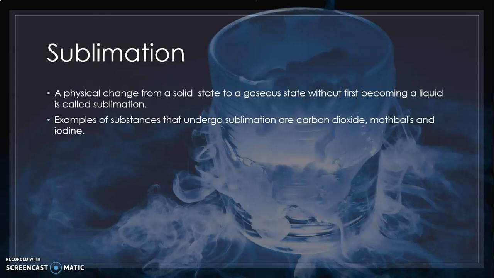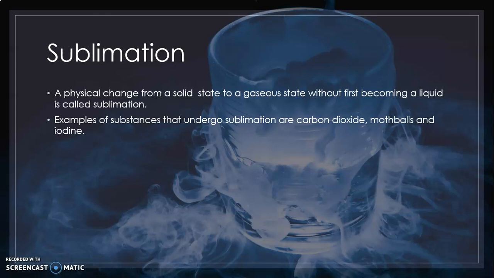Besides carbon dioxide and iodine, mothballs you see every day in your life, inside cupboards and other furniture, kept to avoid certain animals. Sublimation means they quickly change from solid state to gaseous state as you heat them.